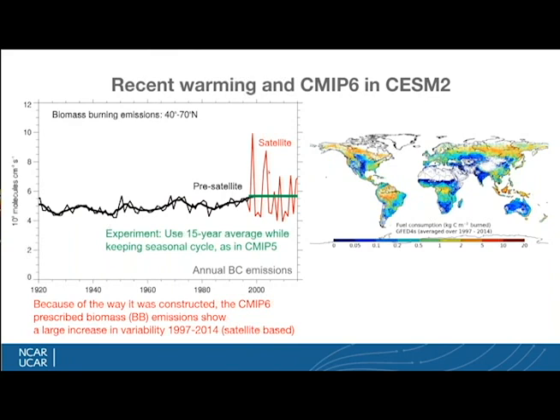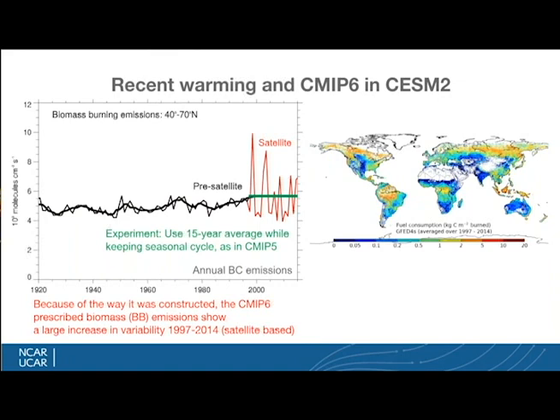And then during the satellite era, you actually have some ways of accounting for the variability from year to year. This is the biomass burning emissions, I believe for black carbon, averaged over this period, and this is the annual mean, right? So this is not a reproduction of the seasonal cycle, but it's the interannual variability.